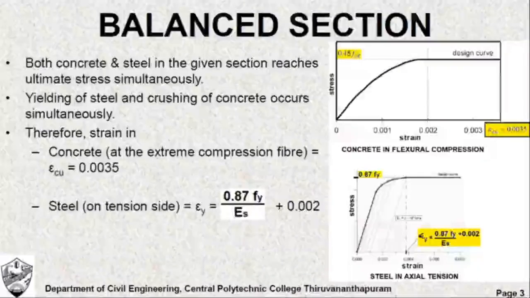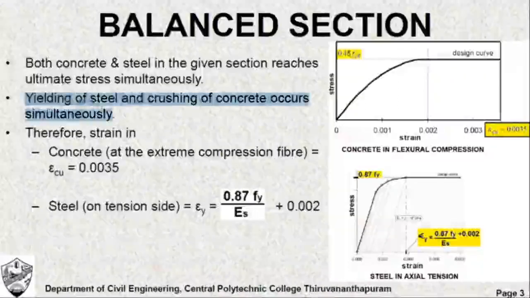First, balanced section. We call an RCC beam section as a balanced section if the yielding of steel and crushing of concrete occurs simultaneously. We know that the concrete is effective only in the compression side, and we have steel on the tension side of the RCC beam.